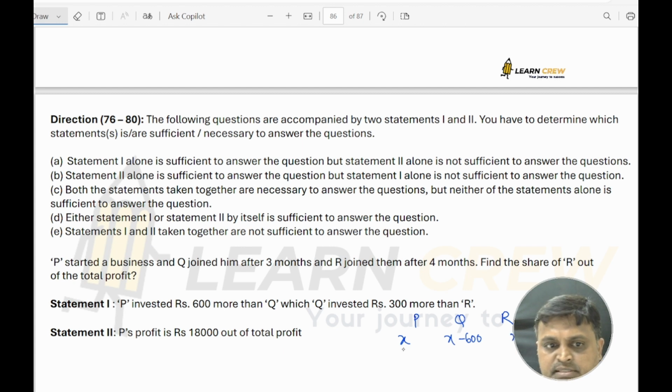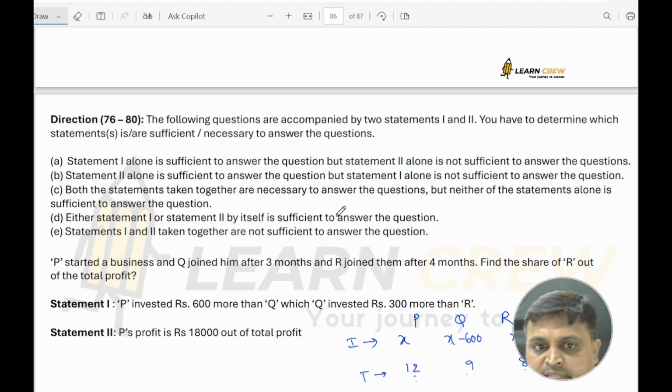P is there for 12 months, Q is there for 9 months and R is there for 8 months. These are investments, and these are time periods. So 12 into x is the profit share of P, 9 into x minus 600 is the profit share of Q, 8 into x minus 900 would be the profit share of R. Profit share is I into T ratio.